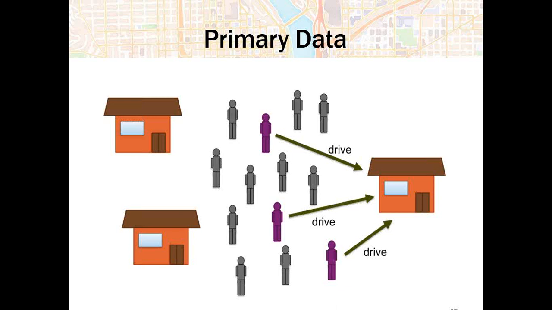Primary data, specifically the state of the practice primary data, ITE's trip generation, is really just looking at one establishment at a time. And it's focusing on only the people that drive to that establishment. Now this is different from household travel survey data because household travel surveys sample from the household.